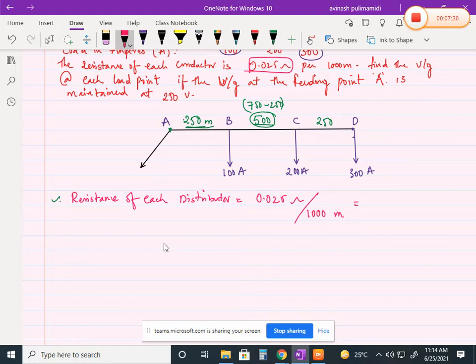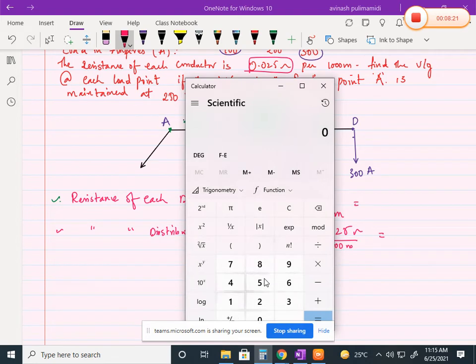Then for 1 meter length, the resistance of the distributor for 1 meter length is equal to 0.025 divided by 1000.